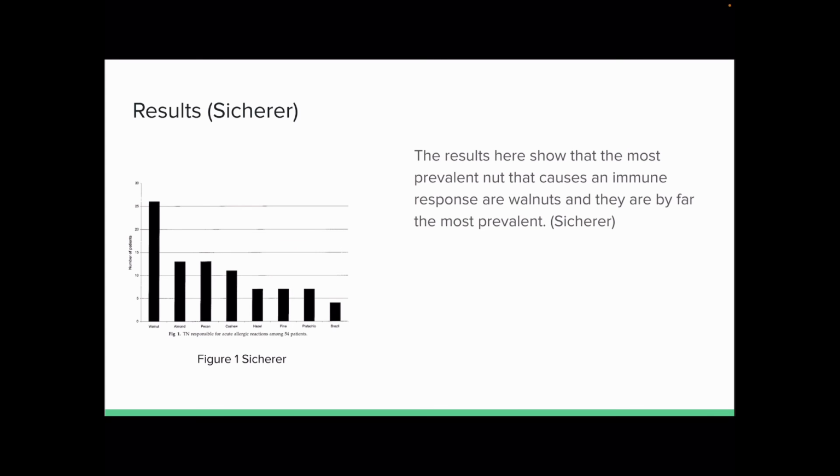Next down on the list is kind of a grouping of almonds, pecans, and cashews. And then the next grouping is hazel, pines, pistachio. Obviously walnut here, by far and away the most prevalent that IgE recognizes and kicks in the immune response for.